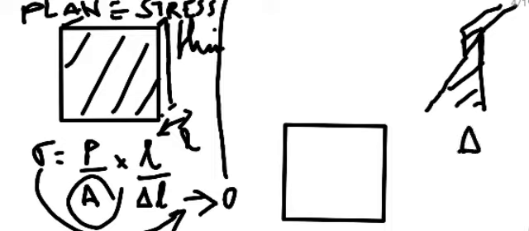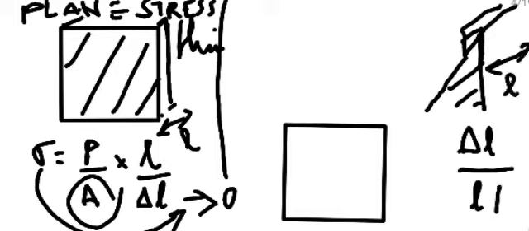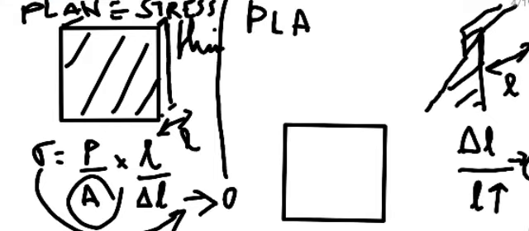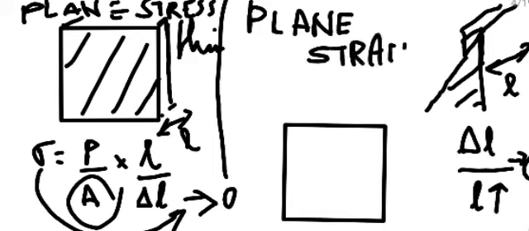That is, if delta L by L, if this length is too large, this may approach 0. In such cases, strain in one direction can be considered to be 0. So such kind of things are called plane strain. Or another example is a retaining wall.